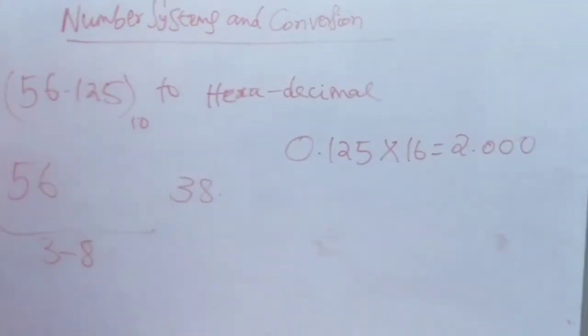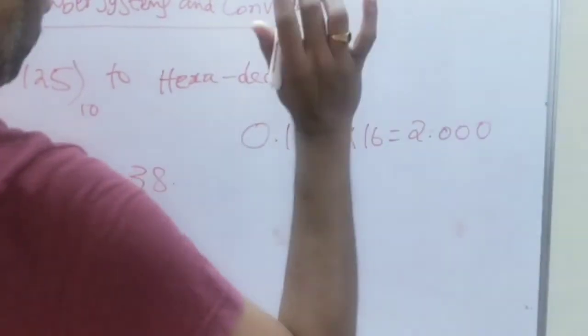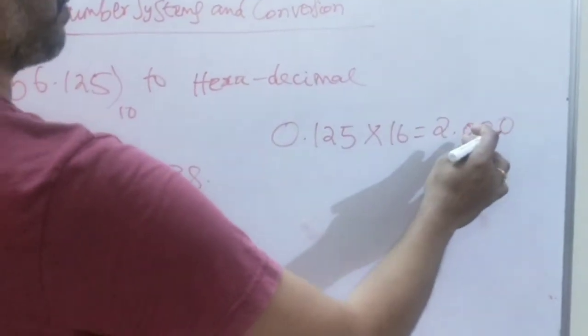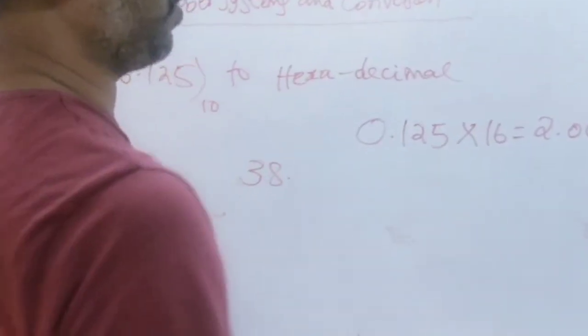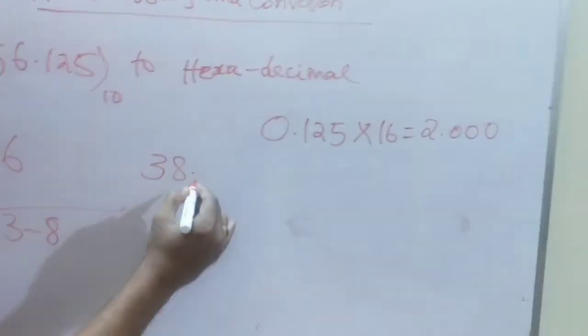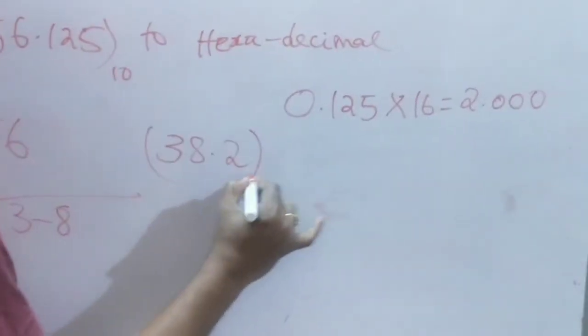So this also comes at the first step itself. We have got the whole number here. We identify a whole number when all the decimal digits are 0. So the answer is 38.2 base 16.